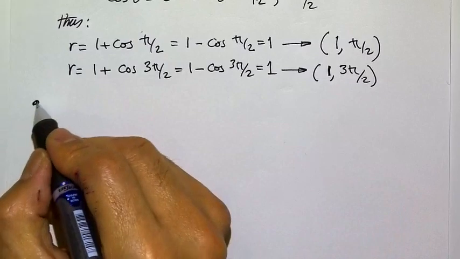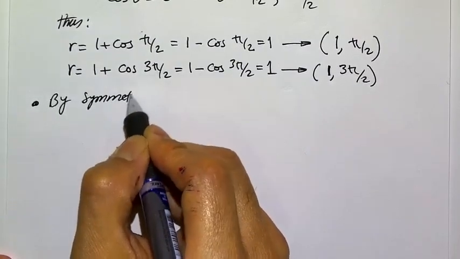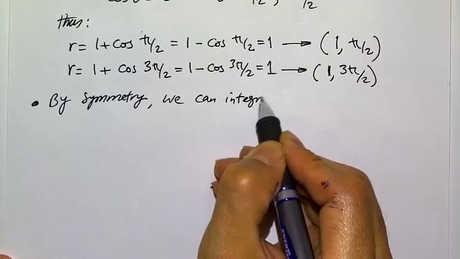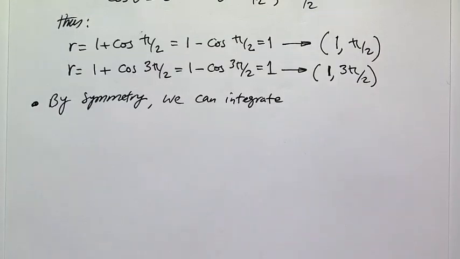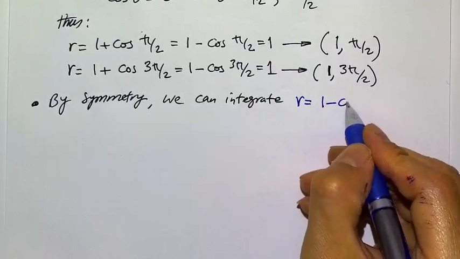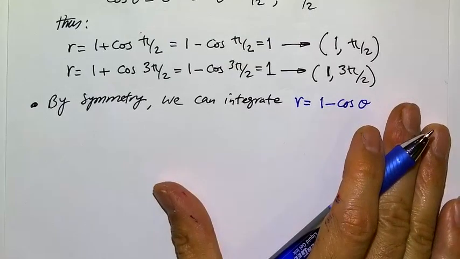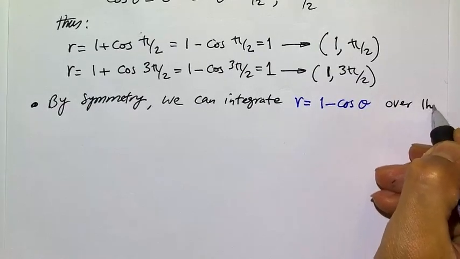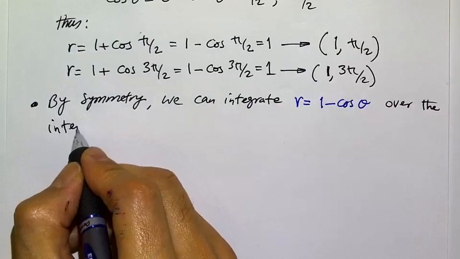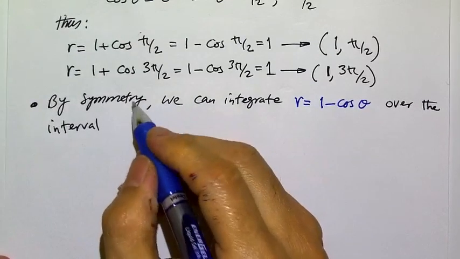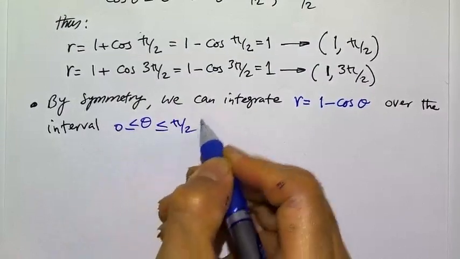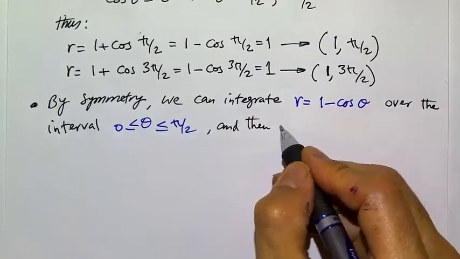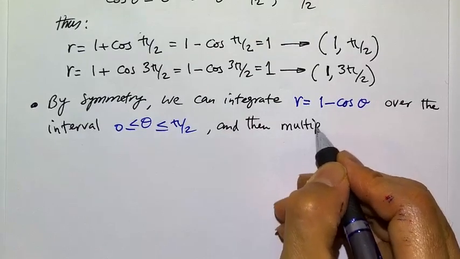So we can integrate r equals 1 minus cosine of theta over the interval 0 to pi over 2. And then multiply that result by 4.